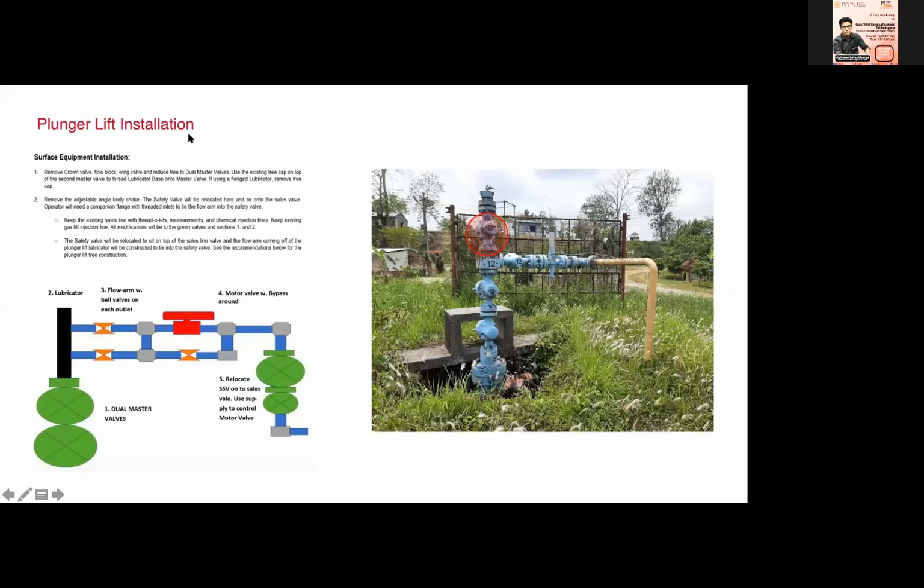And for plunger installation, for surface installation, the first thing you are going to require is you need to remove your master valve. Above this, you are going to install your pump lubricator. And then you will modify the lubricator, the flow line, the ball, and the T with this flow line for gas and liquid.